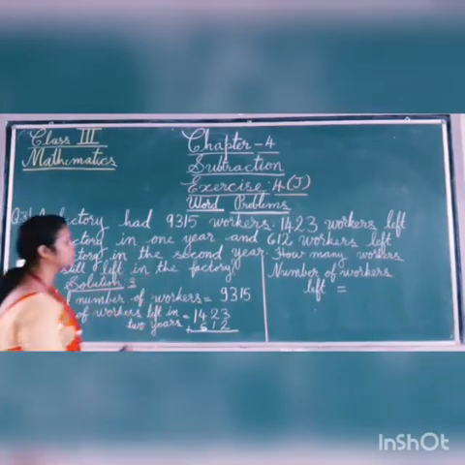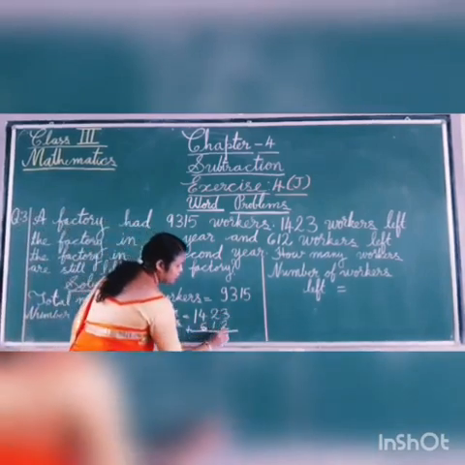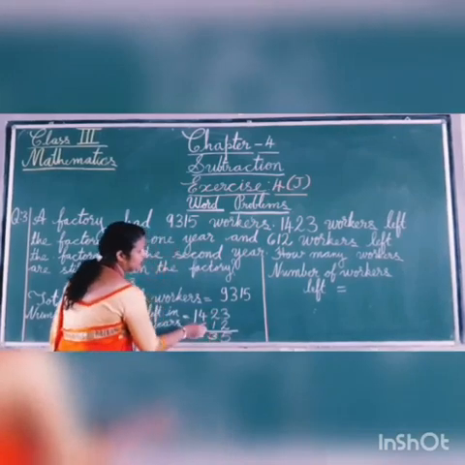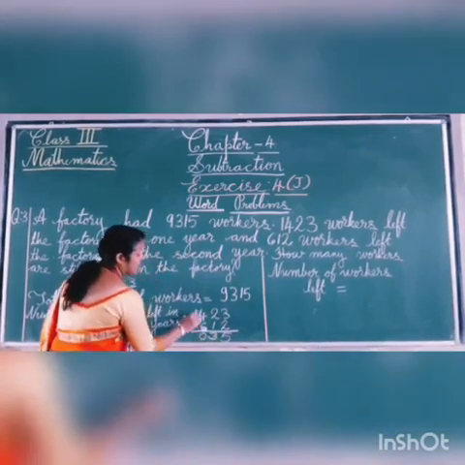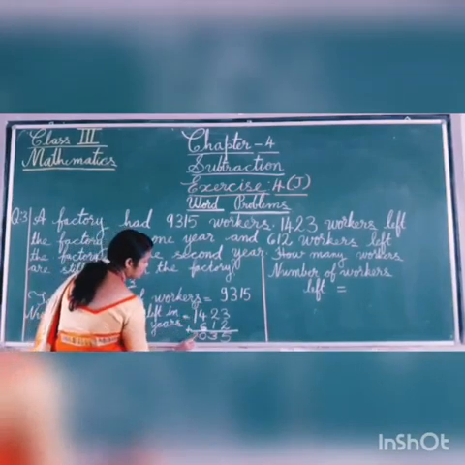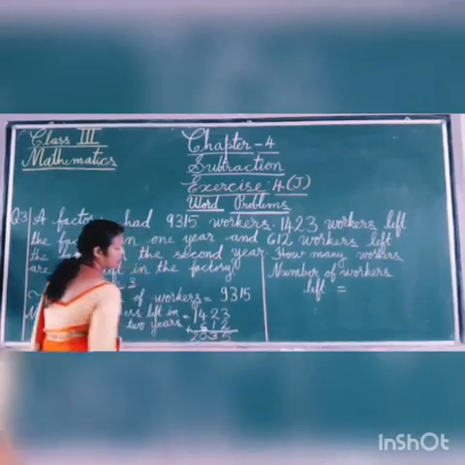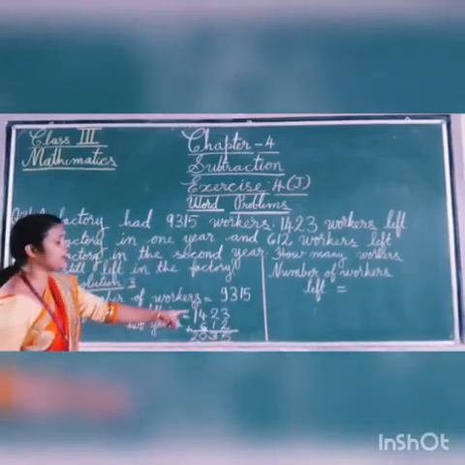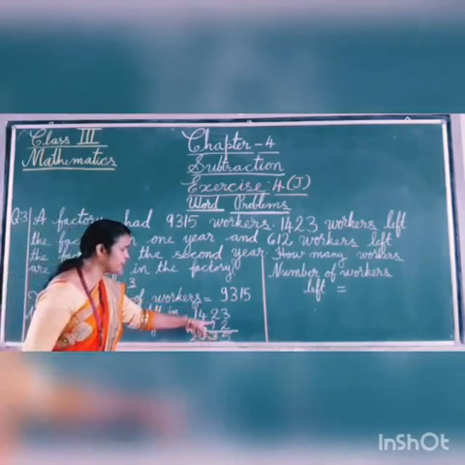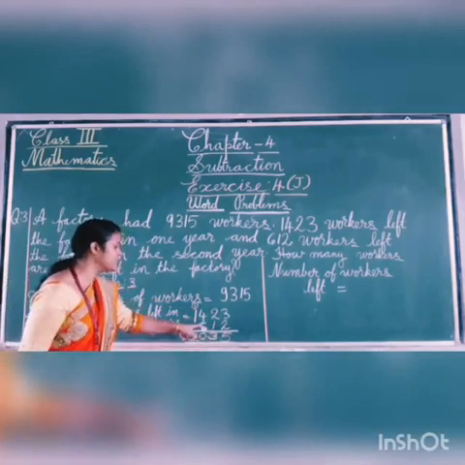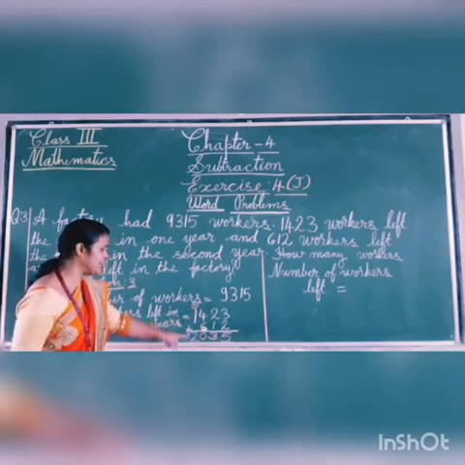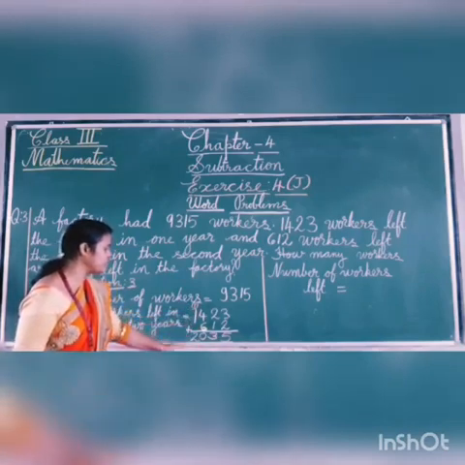The two numbers we will add. 3 plus 2, 5, 2 plus 1, 3, 6 plus 4, 10, and 1 carry, 1 plus 1, 2. Okay, so here we are getting how many workers left altogether. 3 plus 2, 5, 2 plus 1, 3, 6 plus 4, 10, and 0 we have given here, and 1 carry, and 2 plus 1 plus 1, 2.